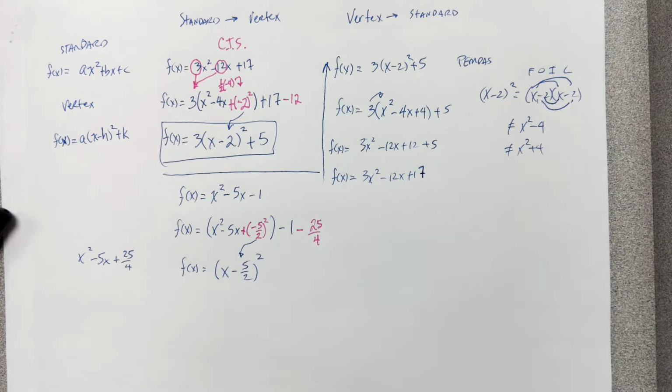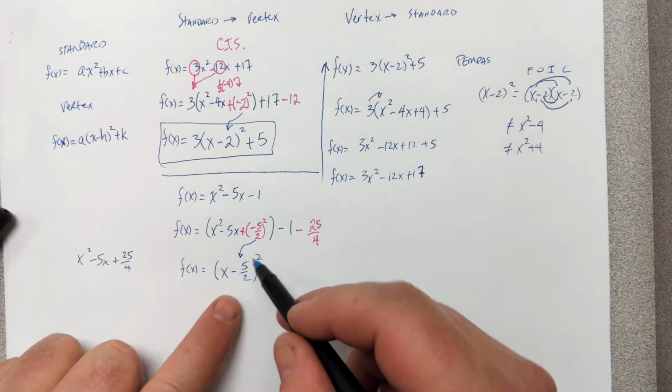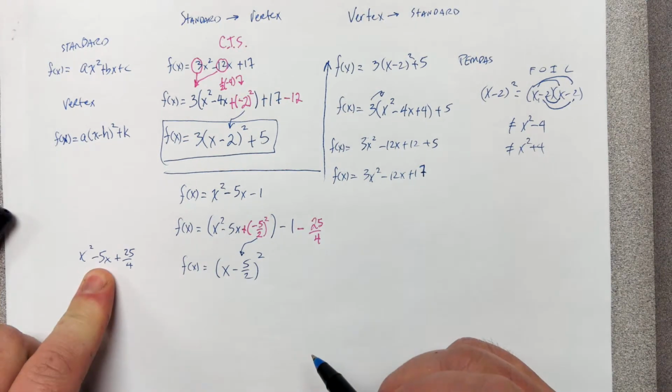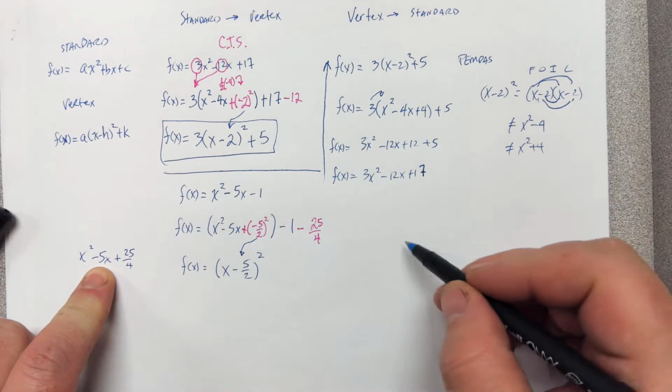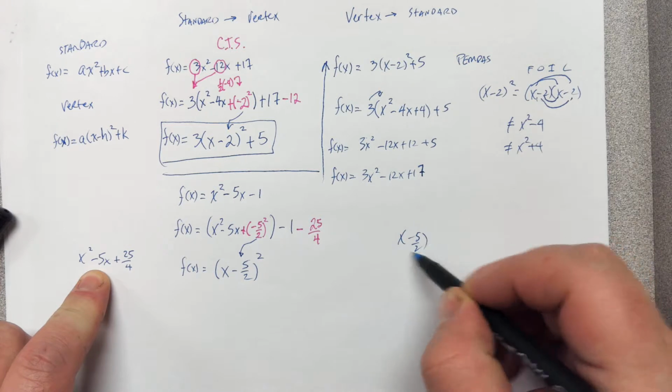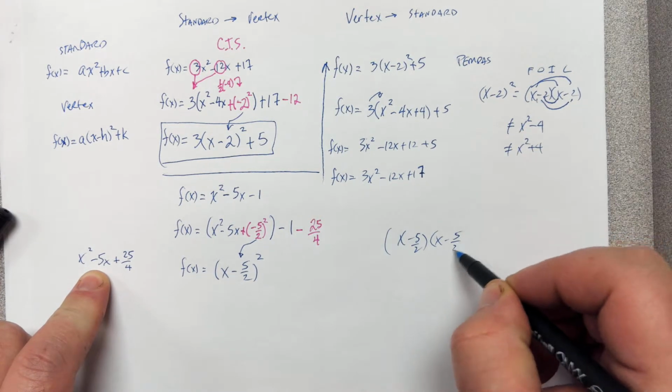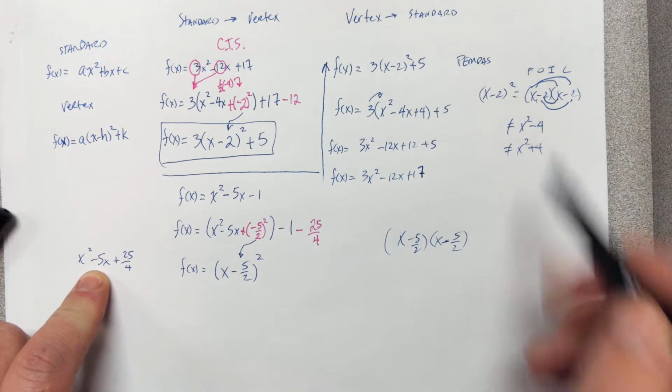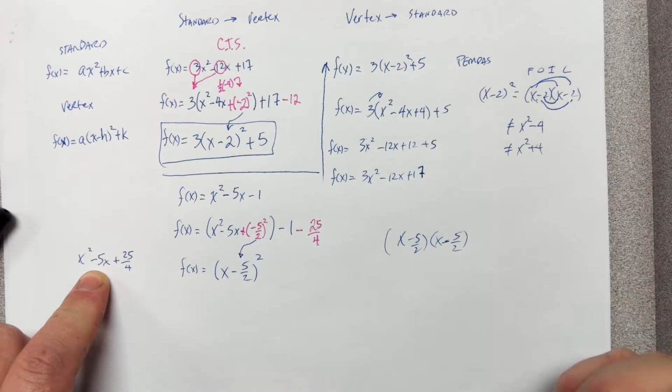I promise. Do you want me to show you? Watch, Alexa, because this is cool. I'm going to show you that this thing squared equals that. This will also talk about Ivan's question from a minute ago.